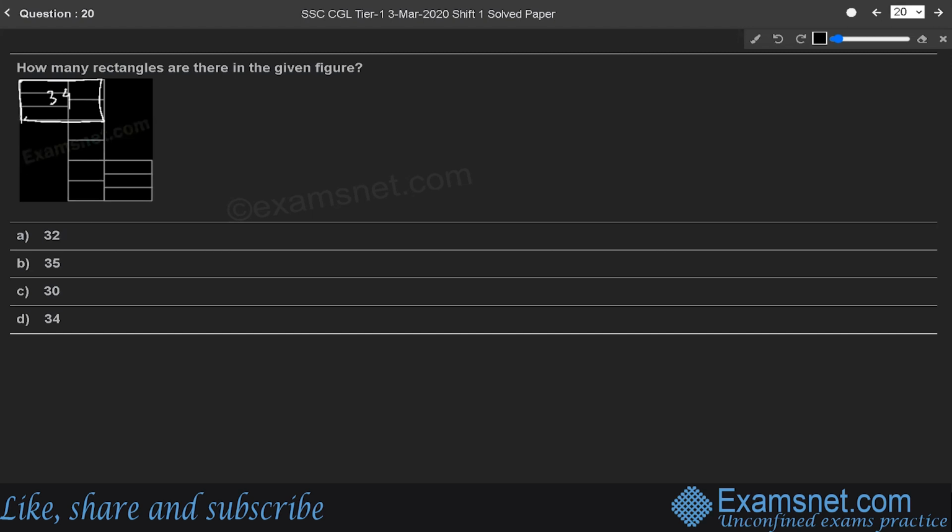So this will be 34 and this will be 35. So the total number of rectangles is 35. Okay. We have seen each and every possibility of getting a rectangle.